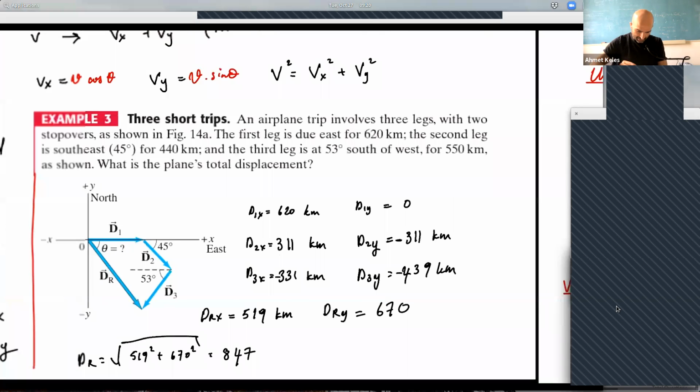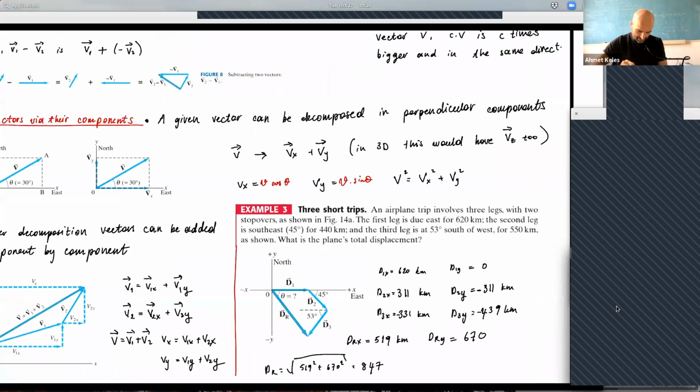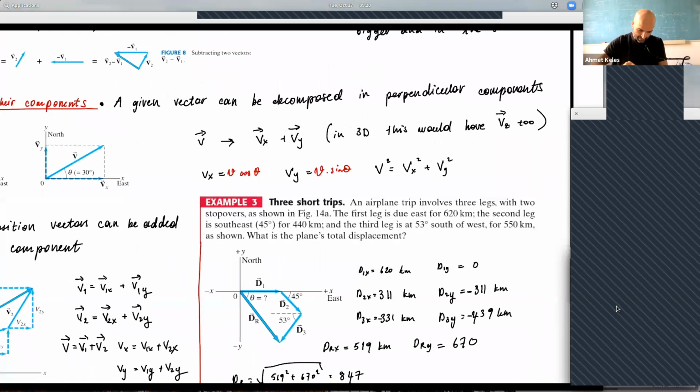And now I can do 620 plus 311 minus 331. This one seems to be 600.